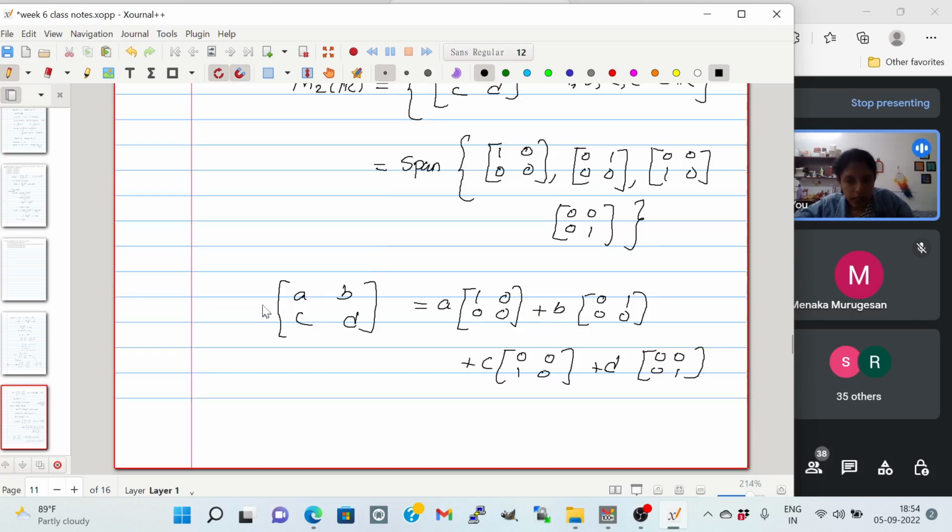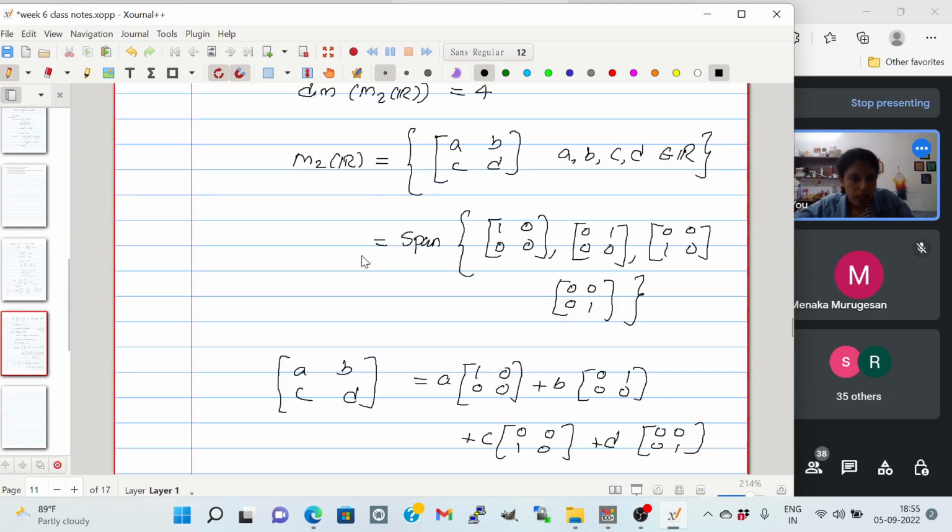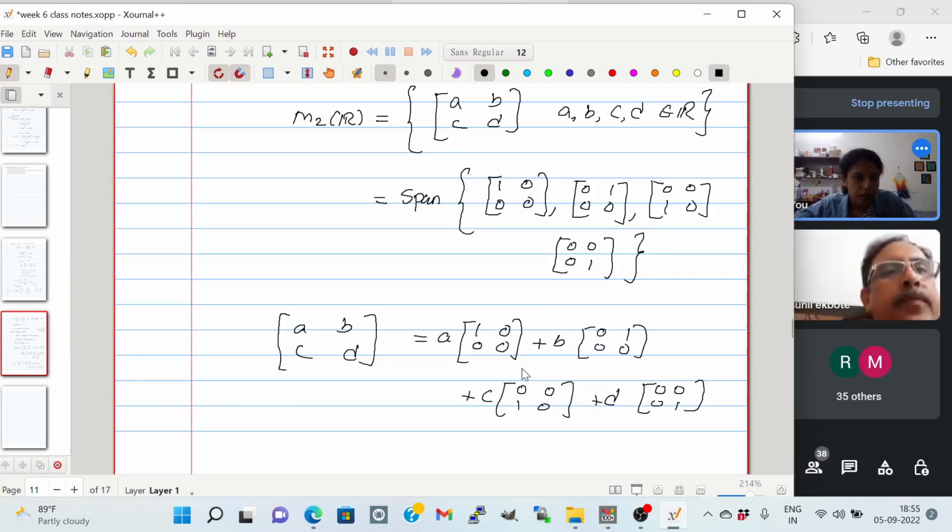That means any matrix A, B, C, D, I can write as a span of these elements. Is this clear? And also this set is linearly independent.